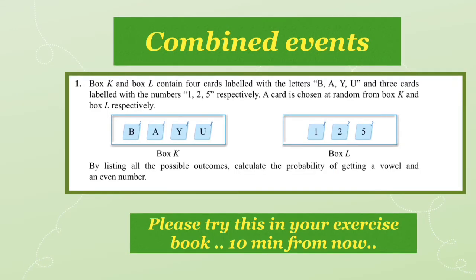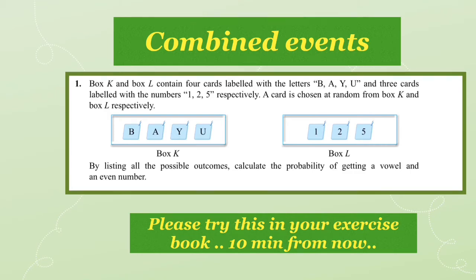Next, let's try this question. Box K and box L contain 4 cards labeled with letters B, A, Y, U, and 3 cards labeled with numbers 1, 2, 5 respectively. A card is chosen at random from box K and box L respectively.